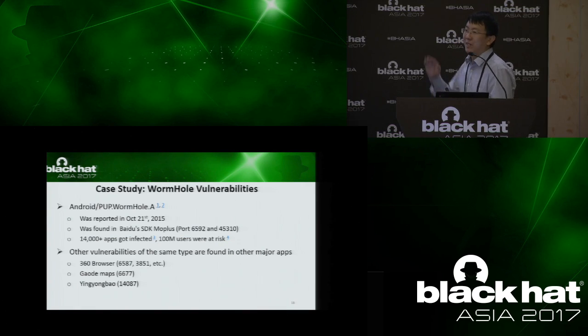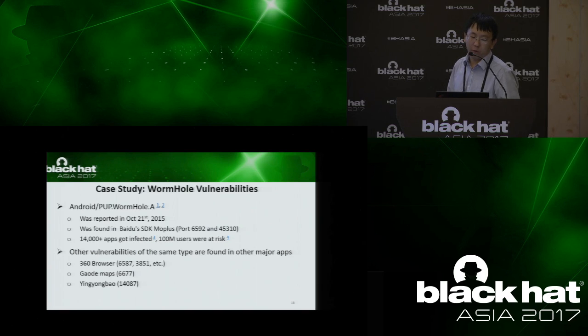So before I go to the scanning, I would like to introduce a case study about the wormhole vulnerability. This kind of vulnerability was first reported in 2015, and it was first found in Baidu's SDK, and it got 14,000 applications infected, and 100 million users were at risk.